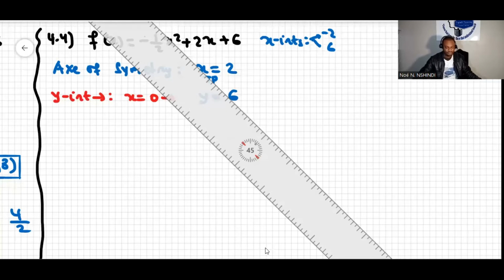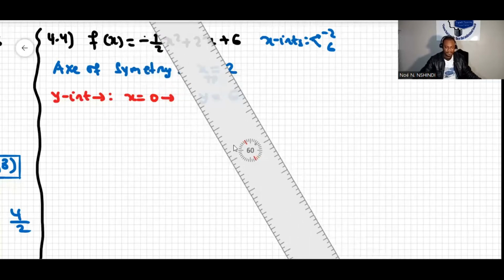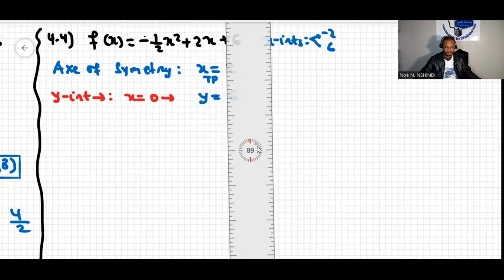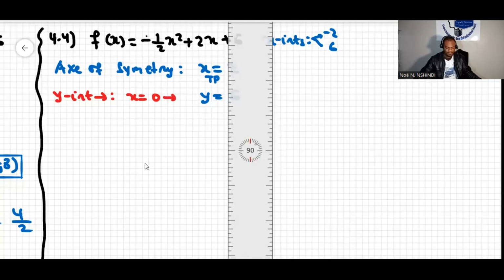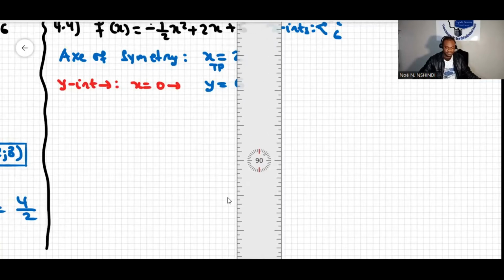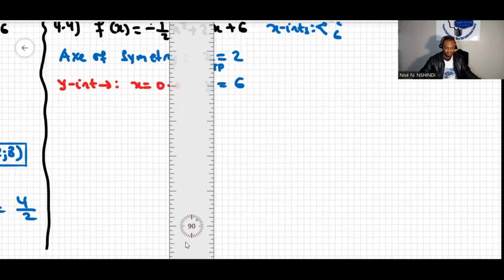So I'm gonna draw my graph over here. Just give me a second. Trying to adjust my ruler so I can make it over here.